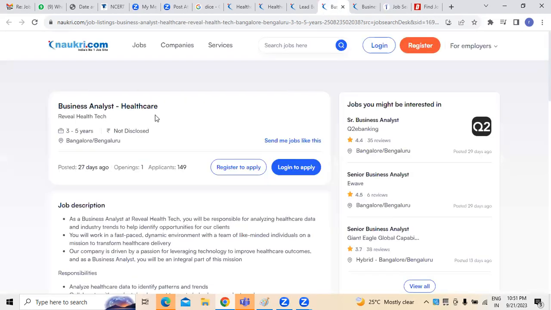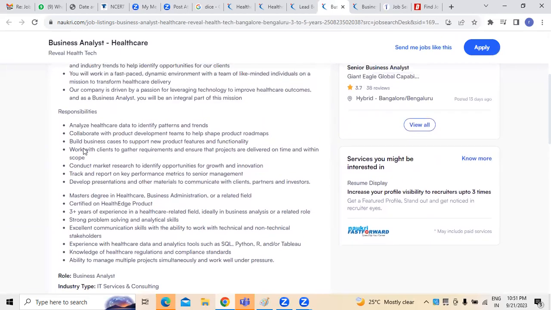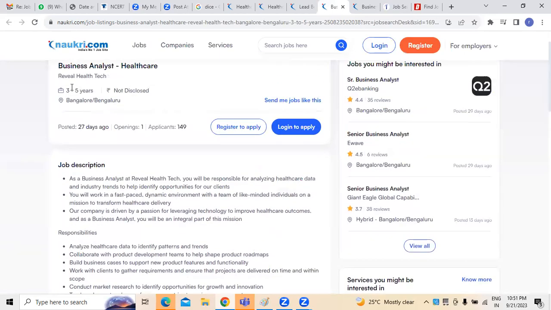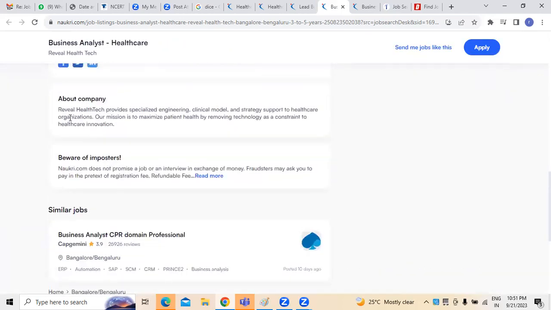Now, I am taking a third profile relating to business analyst in healthcare. Which organization? This organization is a healthcare organization that provides specialized engineering and clinical model and strategy support for healthcare organizations. This organization is also a product-based company.